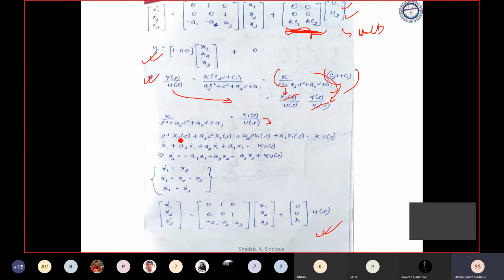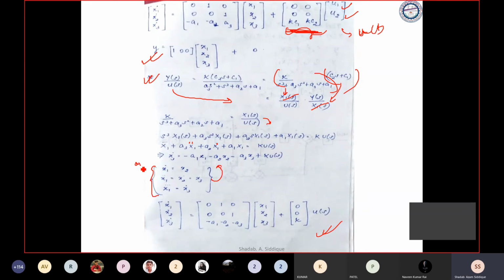If you take this, it will be x1 triple dot plus a3 x1 double dot plus a2 x1 dot plus a1 x1 is equal to k u of s. I hope it is visible to you. If you replace this, you can have x3 dot is equal to this equation. Why x3 dot? Because we have taken an assumption, and from this assumption we have gone through this equation. So don't go directly, you will just assume these two.